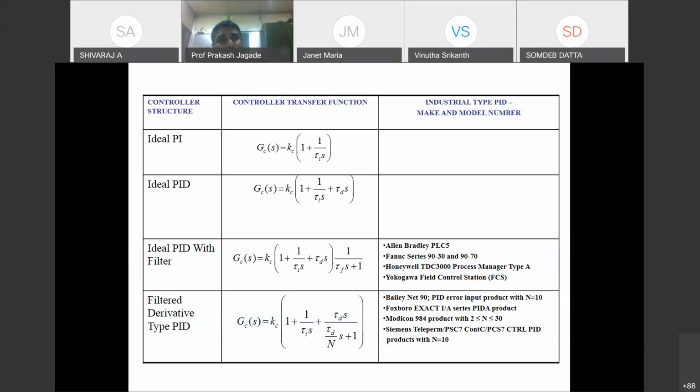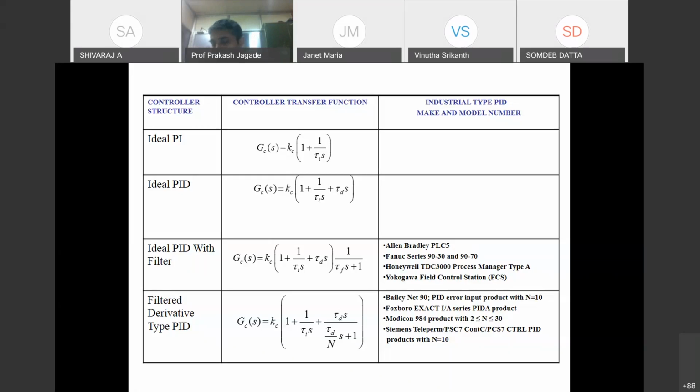In the fourth row, a realizable PID controller transfer function has been represented in the second column, and the name of the controller structure is ideal PID with filter.